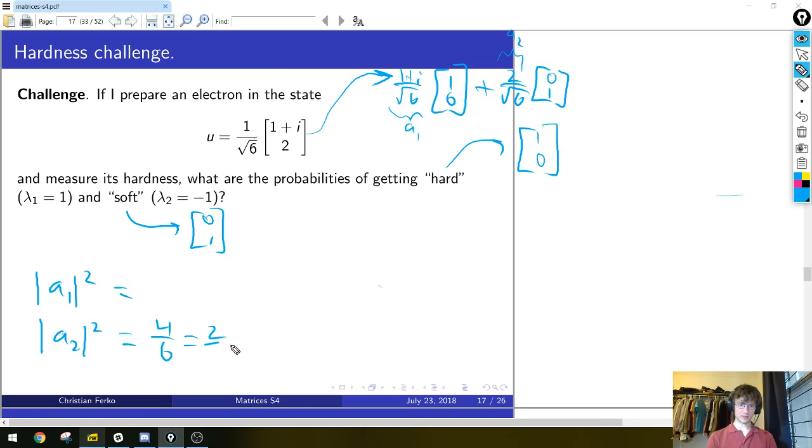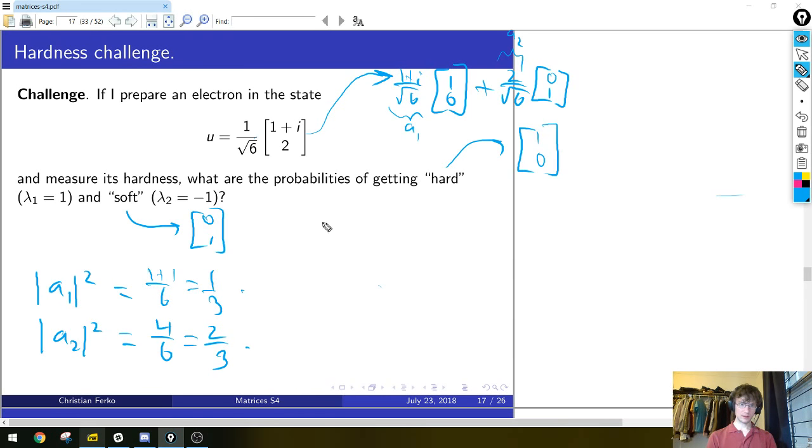I'm over here trying to do this on paper, and it's taking longer. That's fine. How about this one? That's going to be 1/3. Same reason: real part squared is 1, imaginary part squared is 1 also, because of the i, then you divide by root 6 squared. So this is 1 plus 1 over 6, or 1/3.